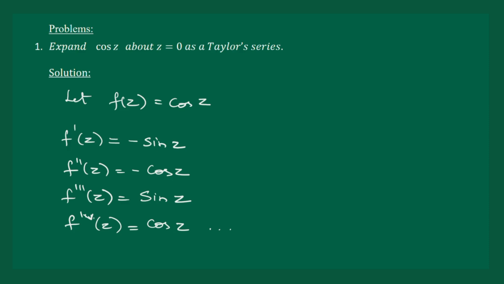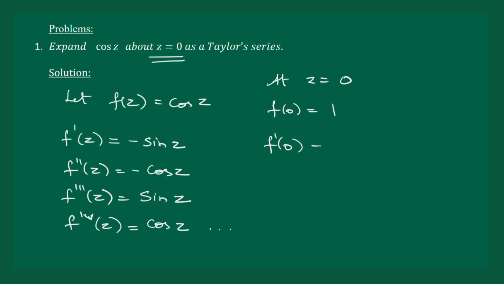Now we have to find out the values of this given function at z is equal to 0, because it is given that we have to expand it as a Taylor series about the point z equal to 0. So let us put z is equal to 0 in these functions. It gives you f of 0 is equal to cos 0, which is 1.